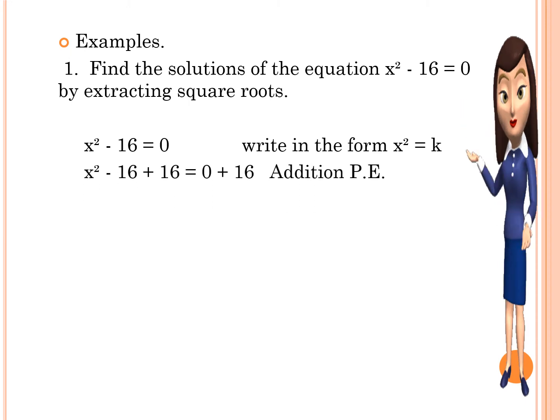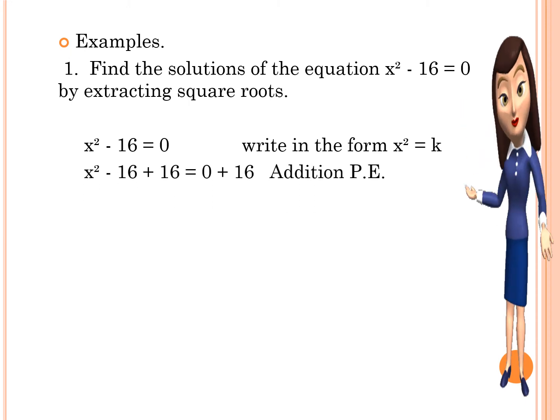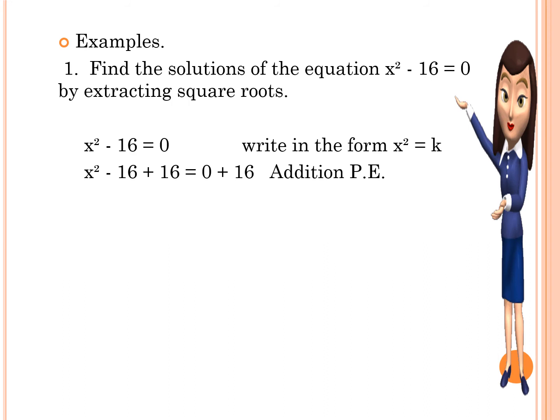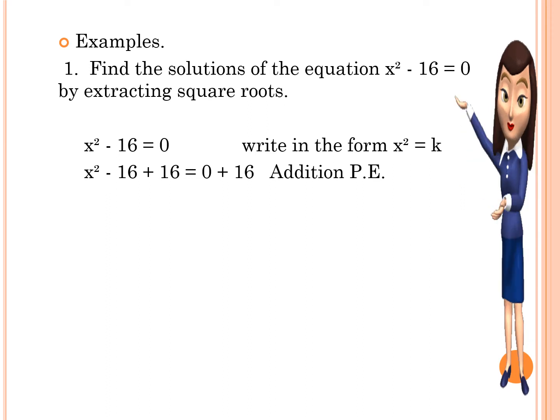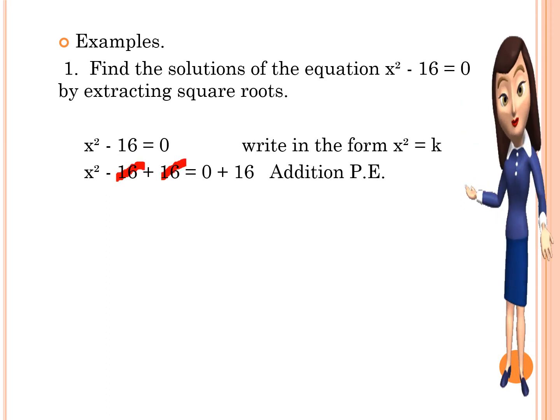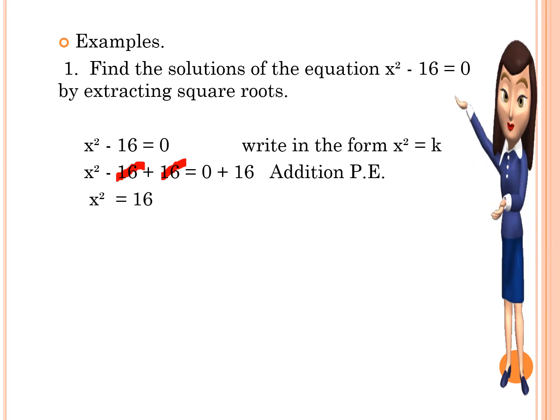Then we have x squared minus 16 plus 16 equals 0 plus 16, using the addition property of equality. So we cancel negative 16 and positive 16, and then it becomes x squared is equal to 16.